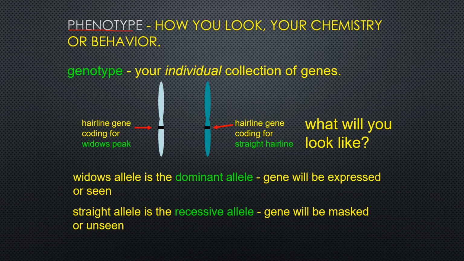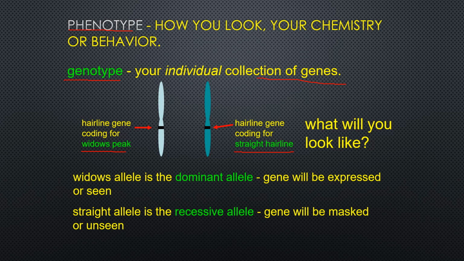And so the genotype is the individual collection of genes that you have that produce the phenotype. Does that make sense? So your genotype is your bunch of genes, and they determine your phenotype, which is basically how those genes look when they're expressed. So our hairline gene codes for a widow's peak here, and our hairline gene coding for a straight hairline here.